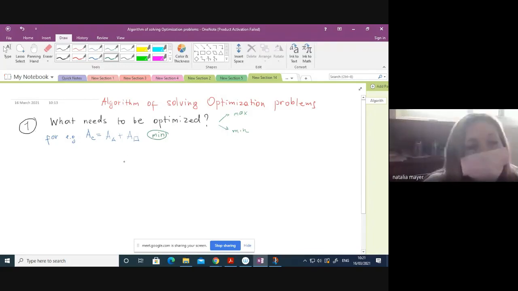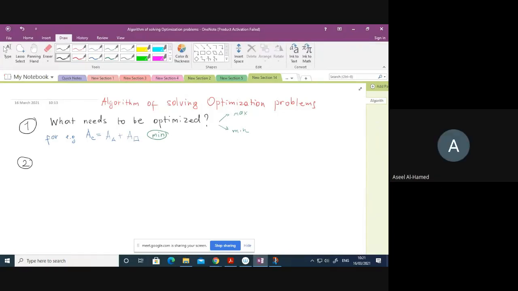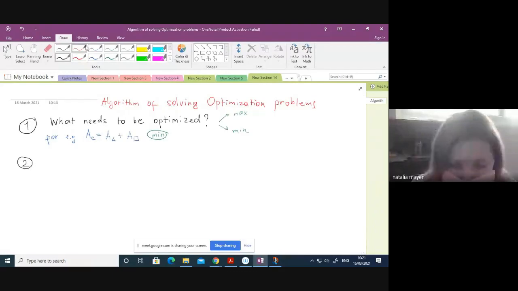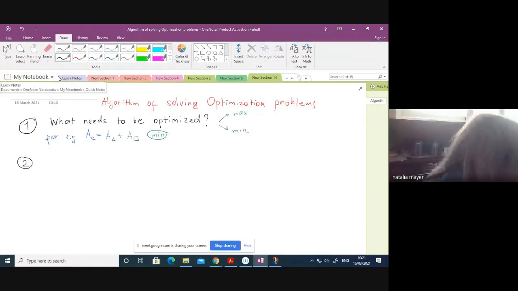So if I now know what needs to be optimized, what should I do next, do you think? What is the second step, guys? Again, online, people. We find the area of the triangle and the square, and then we just substitute them and add them together. Okay, so if I suggest model the function, will that be good?